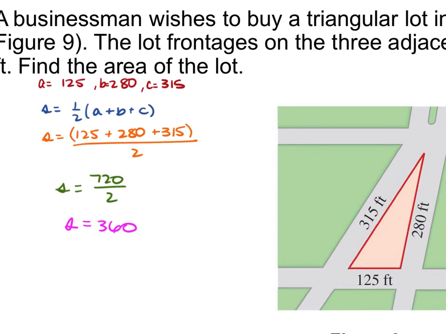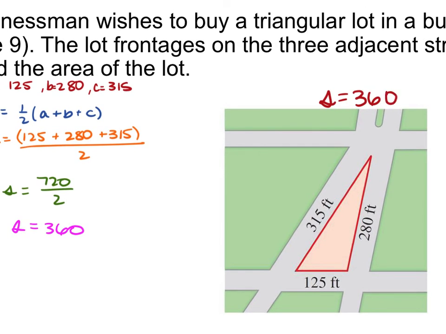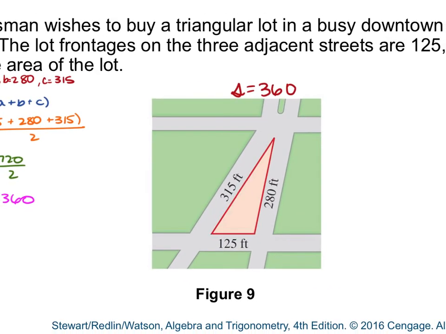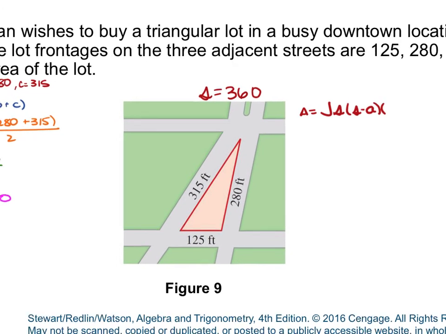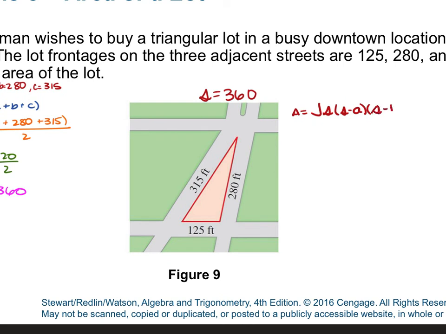So from here, use your formula. S is 360. Your formula to find the area, we said, is the square root of S times S minus A times S minus B times S minus C.